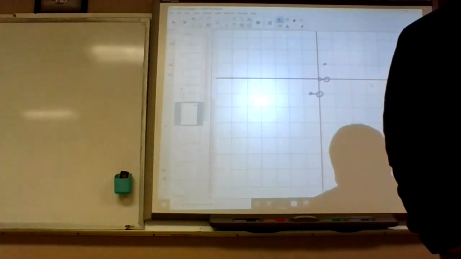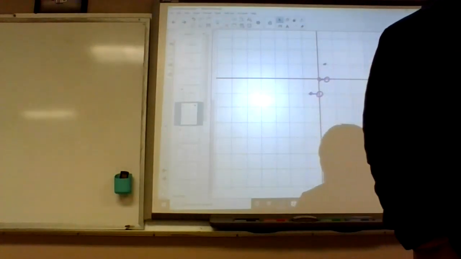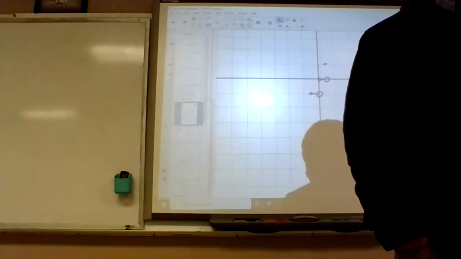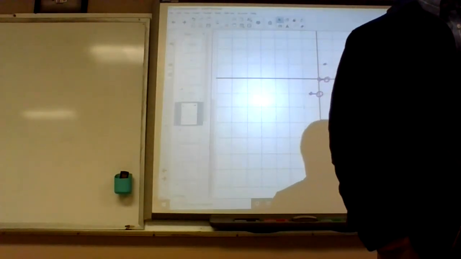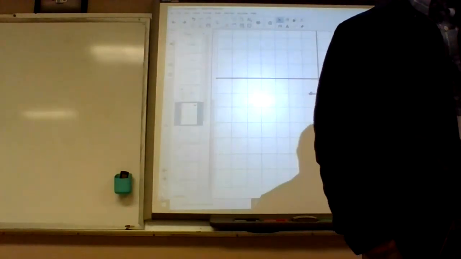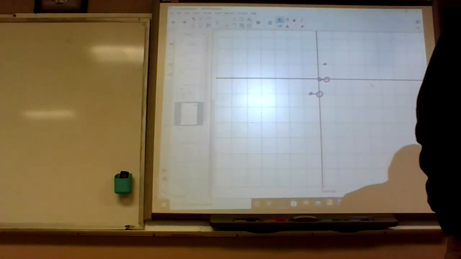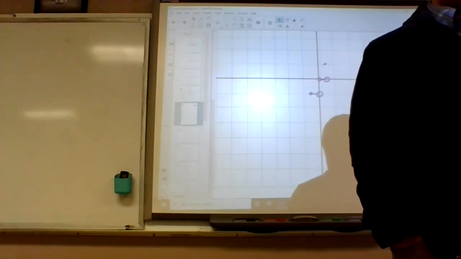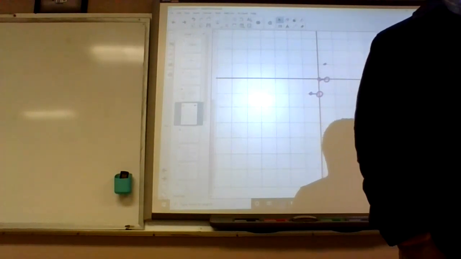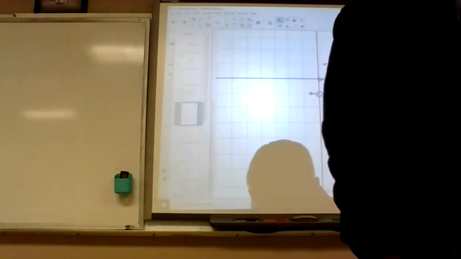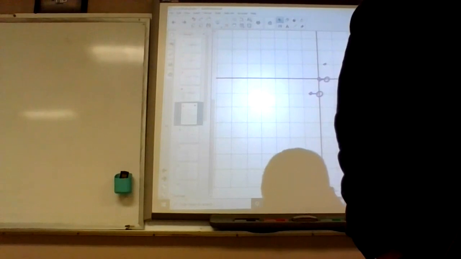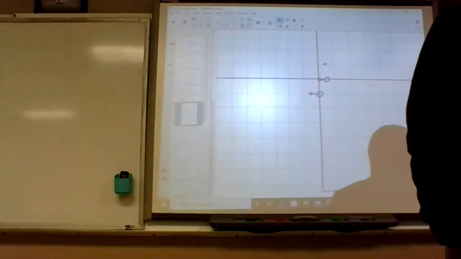Just look at the picture that they drew and move them all over to the right. One more.